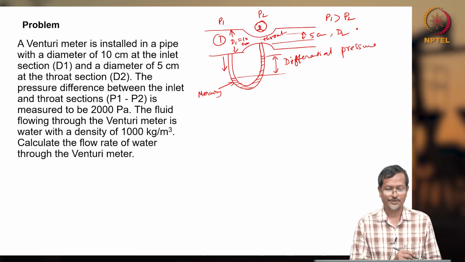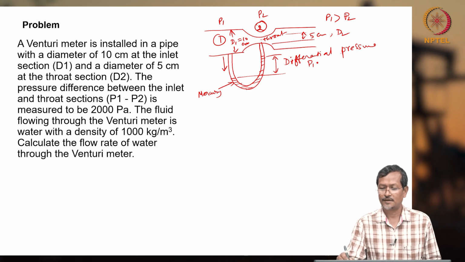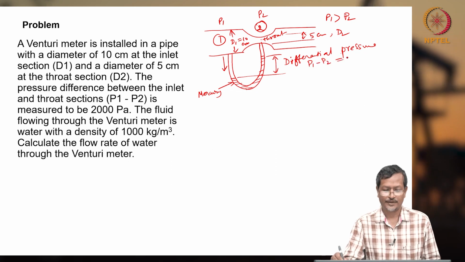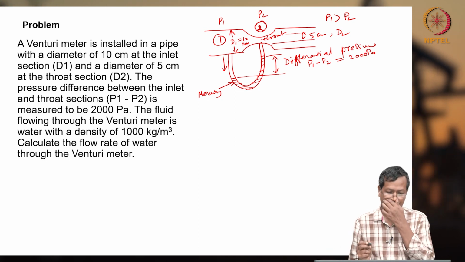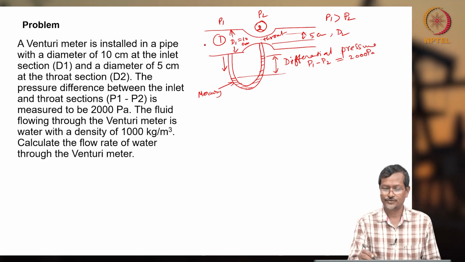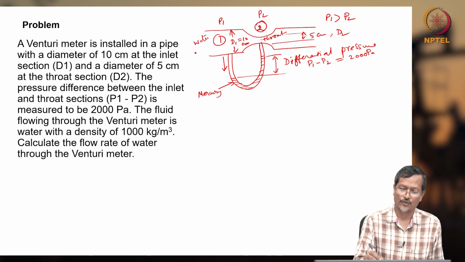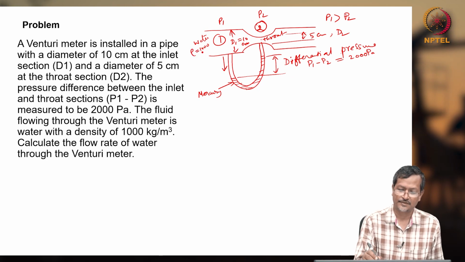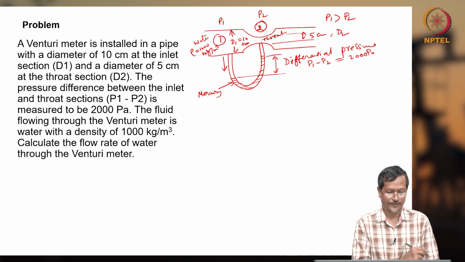The pressure difference between the inlet and outlet, P1 minus P2, is given as 200 Pascal to 2000 Pascal. The fluid flowing through the venturimeter is water. To make your life easier, water means rho will be 1000 kg per meter cube. It is already given in this problem.